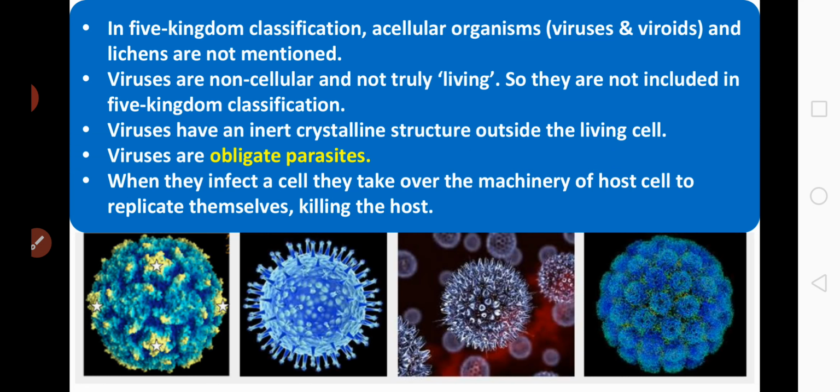Am I clear? So when they infect a cell, that means when they infect a host cell, they take over the machinery of the host cell to replicate themselves, killing the host. So that means after infecting a living cell, these viruses make use of the protein synthesis machinery of the host cell for its multiplication.